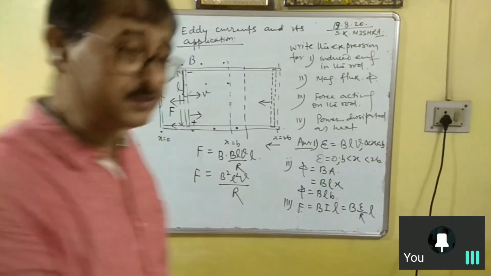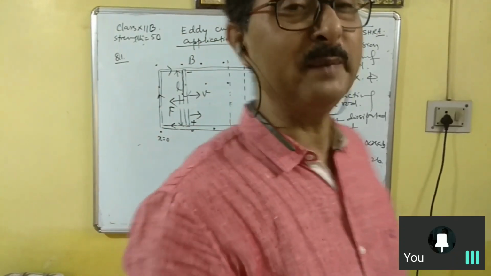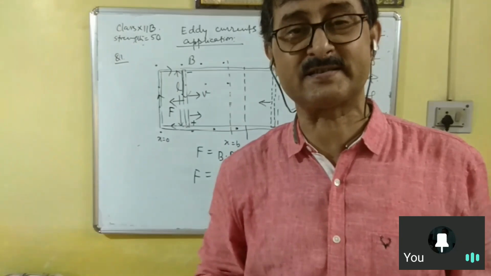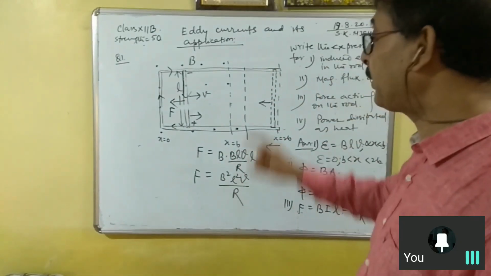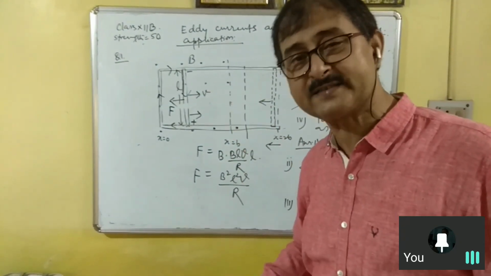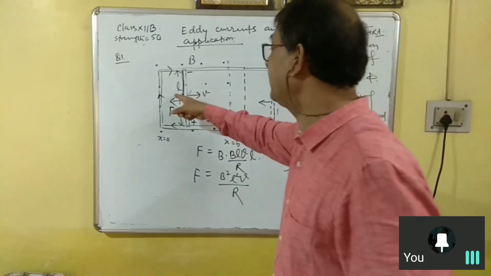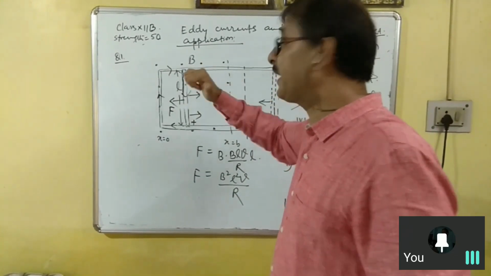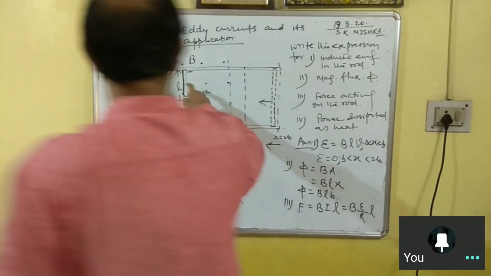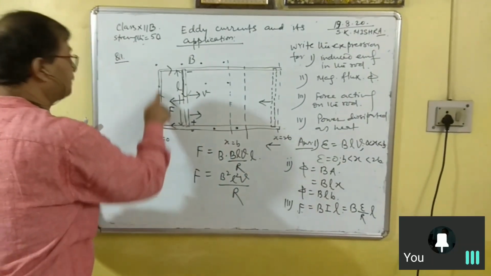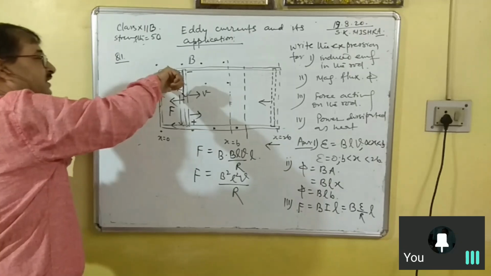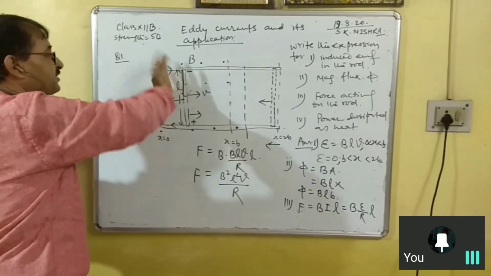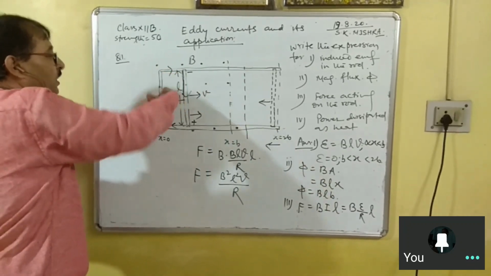According to Lenz's law, the induced current will oppose the increase in magnetic flux by setting its own field opposite to the external field. The external field is upward, so the field due to the loop will be downward, and that's why the current is in the clockwise direction.